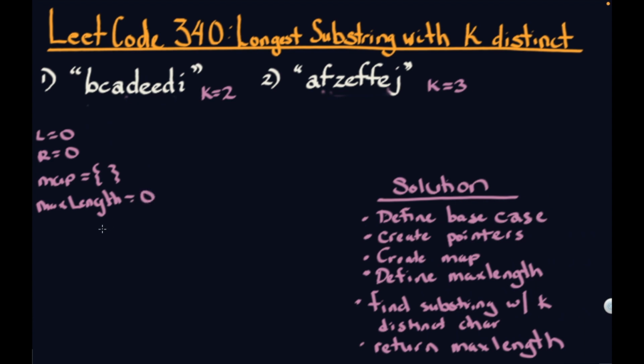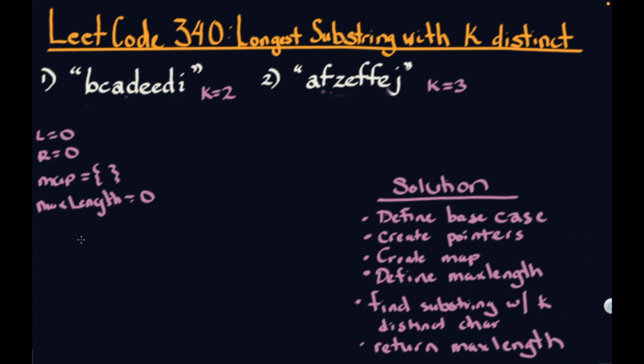And then from there, we iterate from 0 to the length of the string. What we want to do is find the substring with k distinct characters. We're going to use this max length variable and the conditions that we check for the sliding window to extend it and contract it.